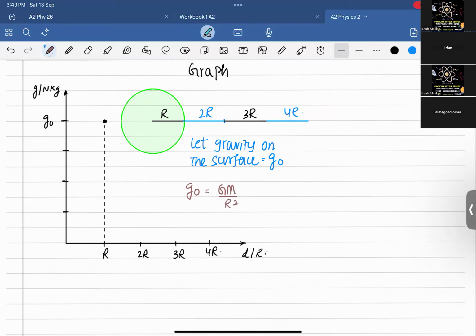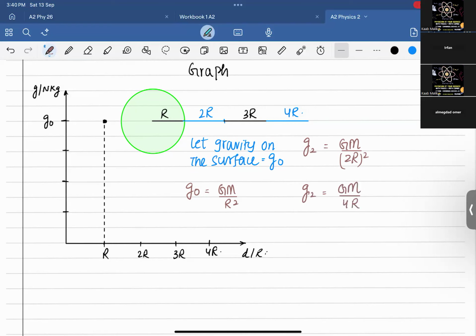Now for the 2r, we can say that g at a distance of 2r is basically GM over (2r) squared. So you can expand it. G2 is equal to GM over 4r squared.